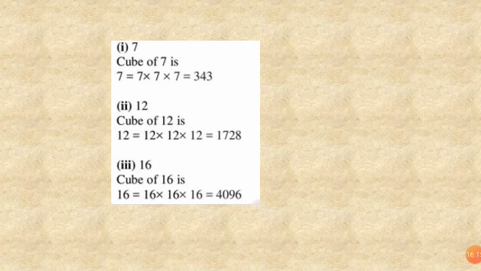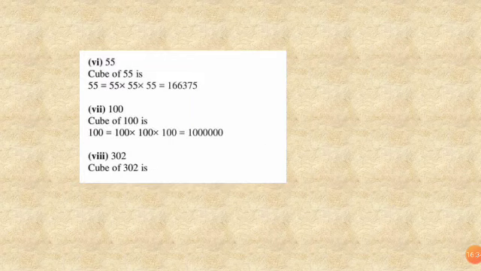We get the value 4096. So cube of 7 is 7 into 7 into 7, we get the value 343. Cube of 12 is 12 into 12 into 12, 1728. Cube of 16 is 4096. Cube of 55 means 55 into 55 into 55, we get the value 1,66,375.